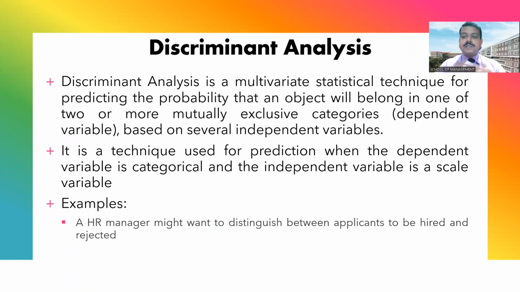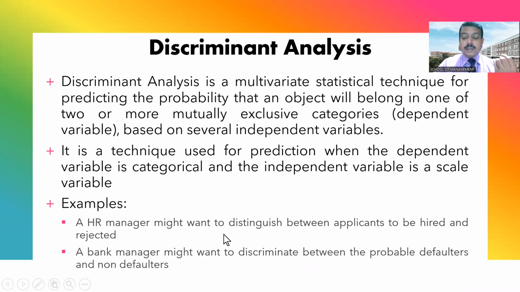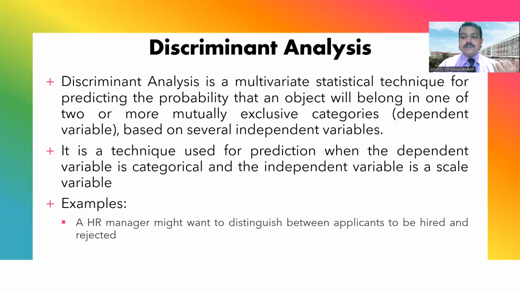An HR manager who receives applications from quite a number of applicants has to decide, on the basis of certain criteria, which application to hire and which to reject. Here there are only two options: hired or rejected. This will be the dependent variable, and there could be a set of predictor or independent variables which would decide whether to hire or reject.